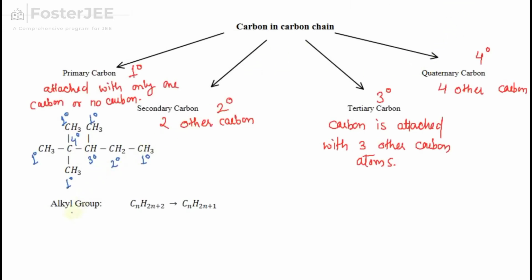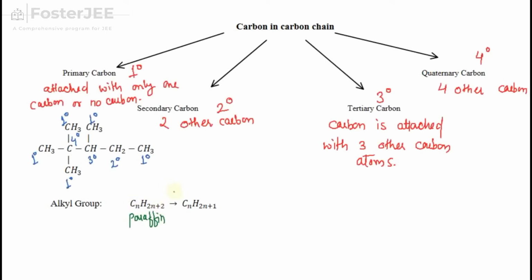Now let's understand the alkyl group. So alkyl groups are the radicals obtained from the removal of one hydrogen atom from the paraffin, or alkane, we can say. Here we can see that this is paraffin having molecular formula CnH2n+2.